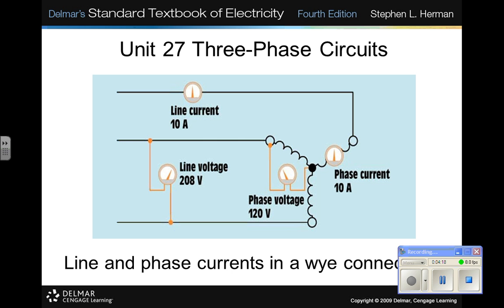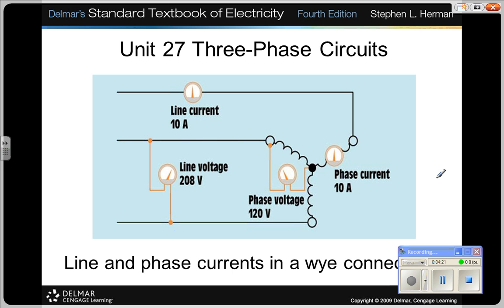Look at this point right here, and look at this point over here, and you'll notice that the current is going through that point in a series method, right? So the current has to be constant in both these places. Whether you're measuring from here to here, or from here to here, it's got to be the same, right?